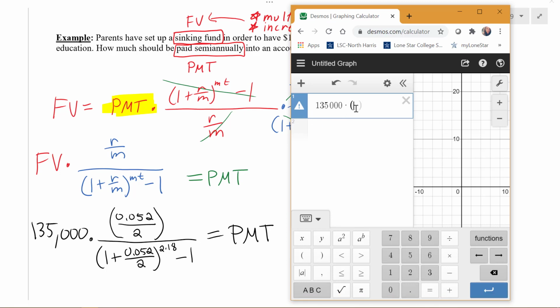So 135,000 times, and I'm going to put that fraction inside parentheses. It may not always be necessary, but you can't go wrong with a little extra precaution. I'm going to take that fraction in the parentheses and highlight it so I make sure that all of that goes at the top of this big fraction that I'm about to write.